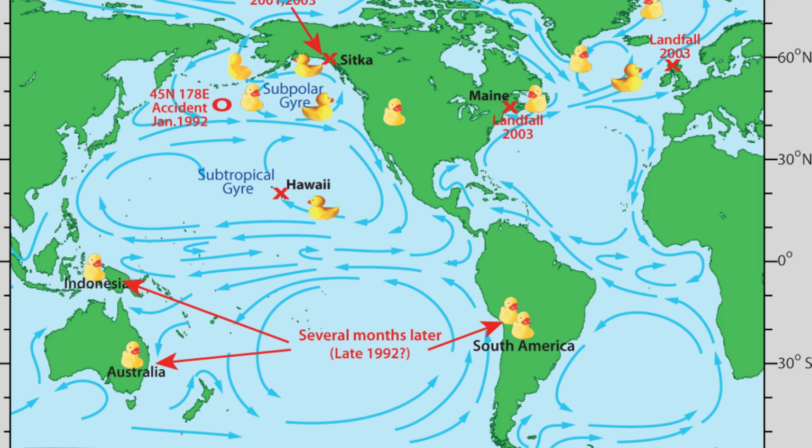They didn't stick together. They actually moved in a certain pattern. Where the water moved, the ducks moved. So the direction in which the ducks moved gave an idea of how ocean currents work.